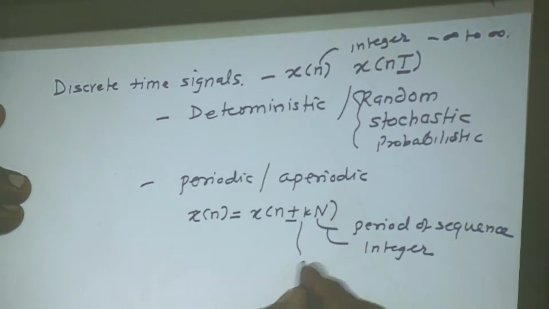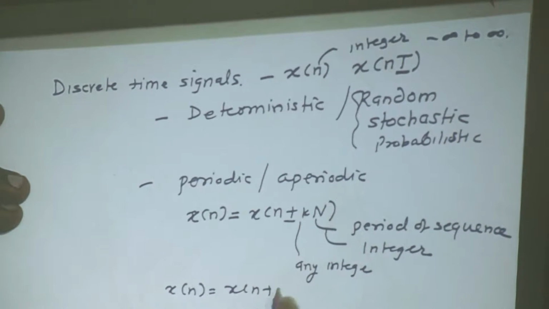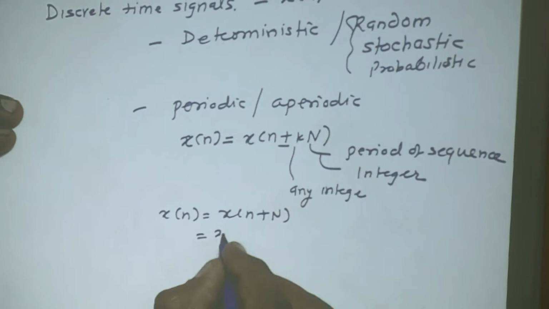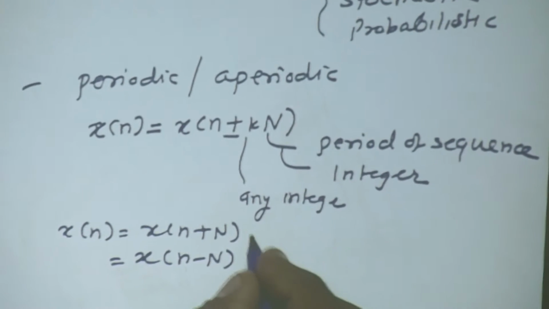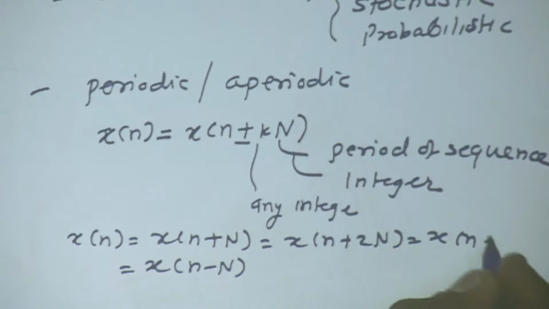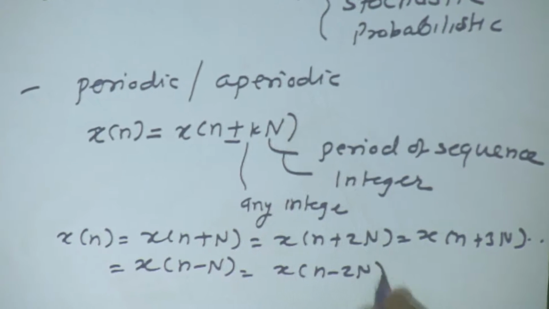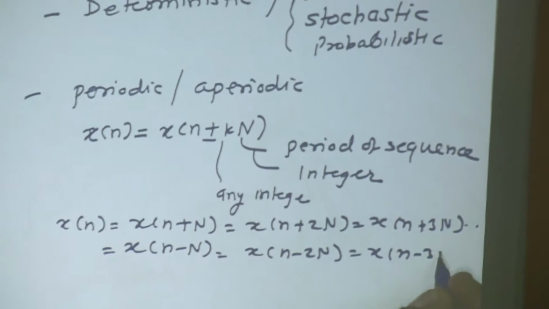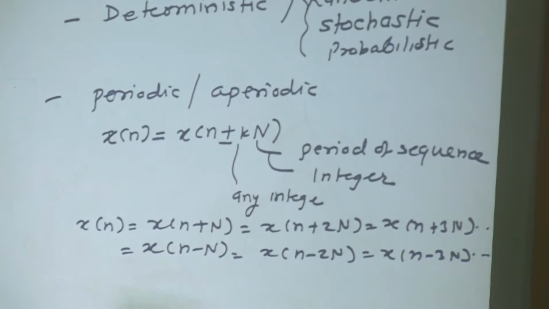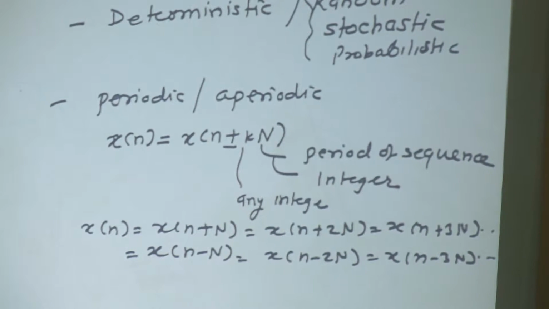K is any other integer. So it means x(n) is equal to x(n+N), equal to x(n-N), equal to x(n+2N), x(n+3N), and so on. This is also equal to x(n-2N), x(n-3N), and so on. When such is the case, the signal is said to be a periodic signal. If such is not the case, then it is said to be an aperiodic signal.